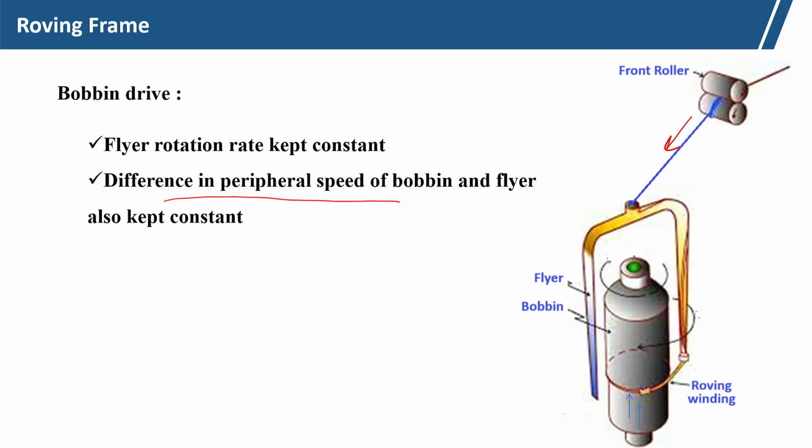Bobbin diameter gradually increases with every layer of winding, and that is why we have to change the speed of the bobbin accordingly after every layer.